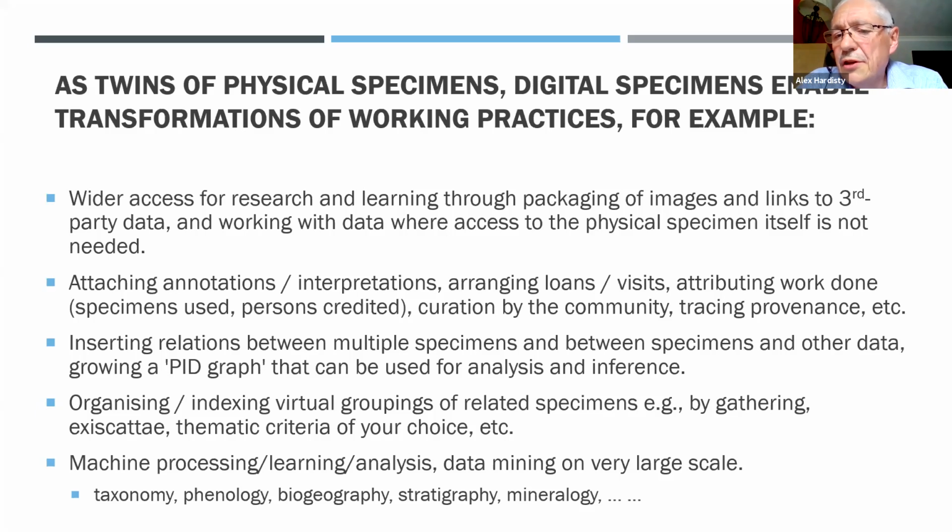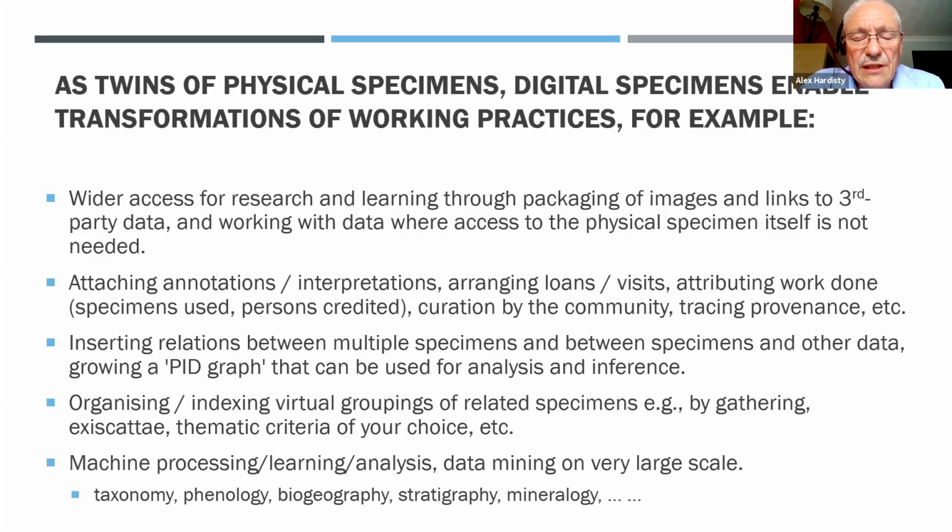In the same way that digital object identifiers, DOIs for journal articles, are growing a PID graph of journal articles and authors that allows analysis and inferences of the relationships between different aspects of science and research. Digital specimens can be organized and indexed into different virtual groupings of related specimens, for example, by gathering, as exsiccatae, or in thematic criteria of your choice.